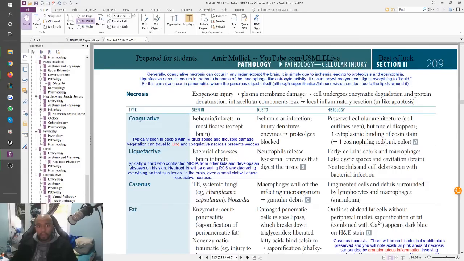It's not that bad. Right, so coagulative, this is coagulation, this is proteolysis, denaturing enzymes, okay? Liquefaction is neutrophils of any kind digesting the tissue. So you see bacterial abscess, and then the brain. Even in infarct, you see infarct anywhere else would cause coagulative necrosis, but in the brain, even the infarct causes liquefactive necrosis because brain has astrocytes that immediately start doing the digestion and cleaning up.